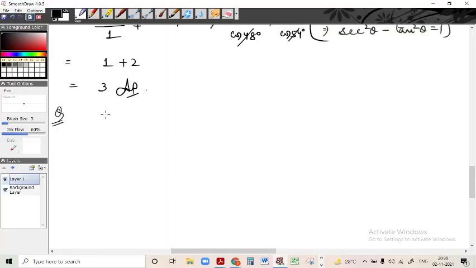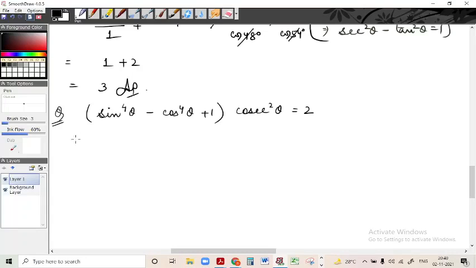Suppose you have a question as sin to the power 4 theta minus cos to the power 4 theta plus 1 into cosec square theta is equal to 2.